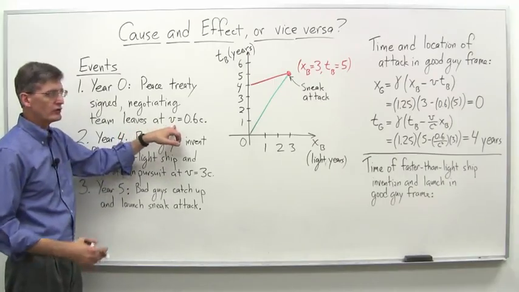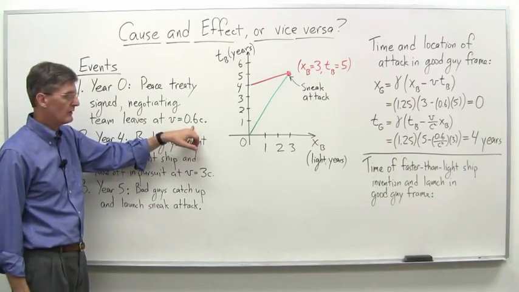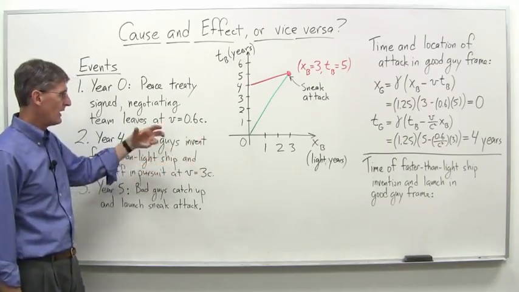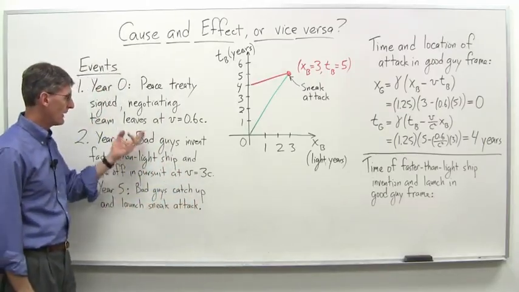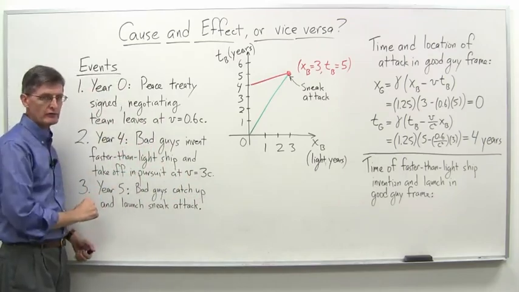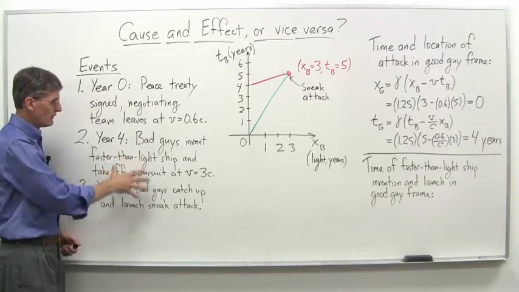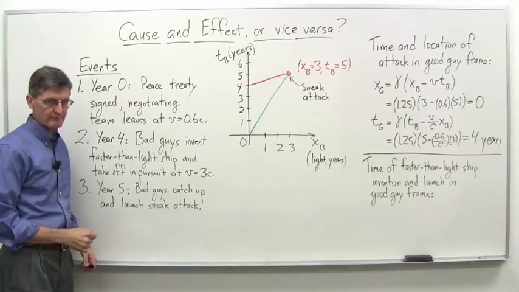And then they left in their ship to go back home at a velocity of 0.6 times the speed of light. We're calling that year 0. Over the next 4 years, the bad guys are able to invent a faster-than-light spaceship.